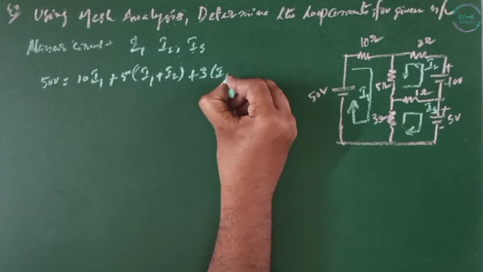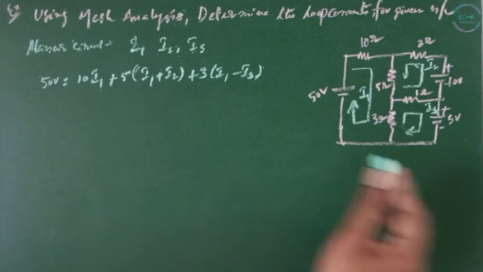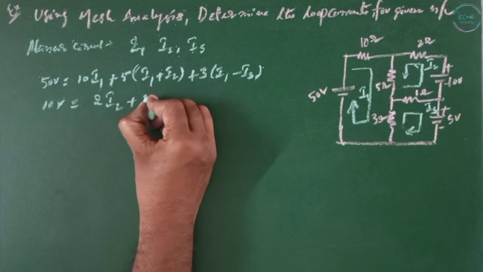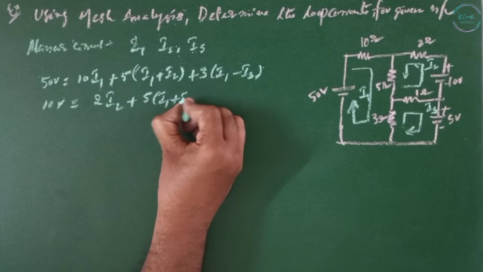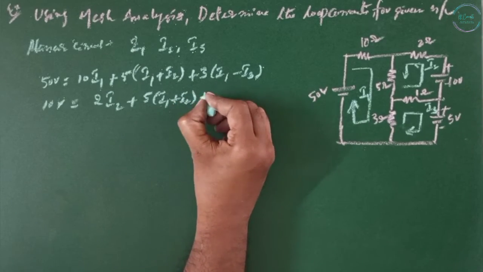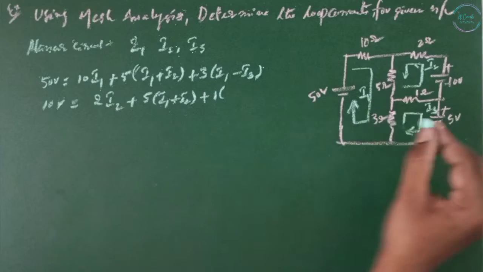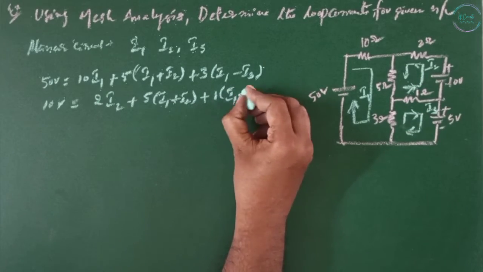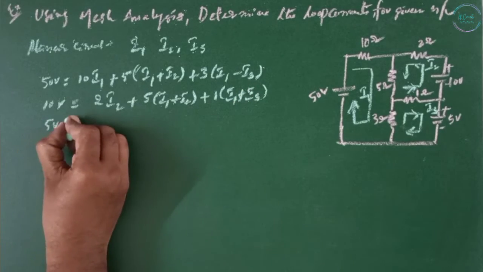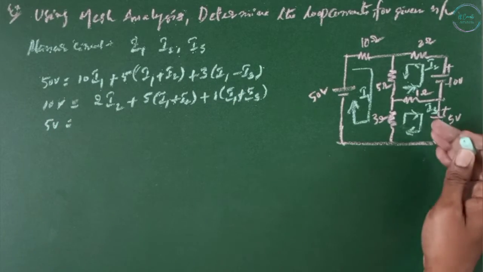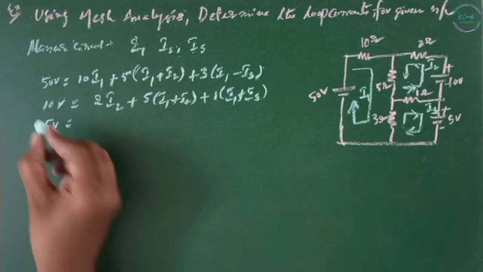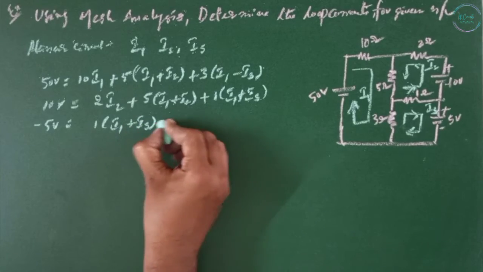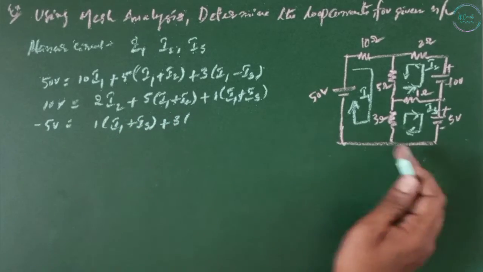For loop 2, 10 volts equals 2 I2 plus 5 (I1 plus I2) plus 1 (I2 plus I3), as these are in the same direction. And the third loop, 5 volts equals, since the current direction is opposite, I'm taking a negative voltage, 1 (I1 plus I3) plus 3, where these two are in opposite directions.